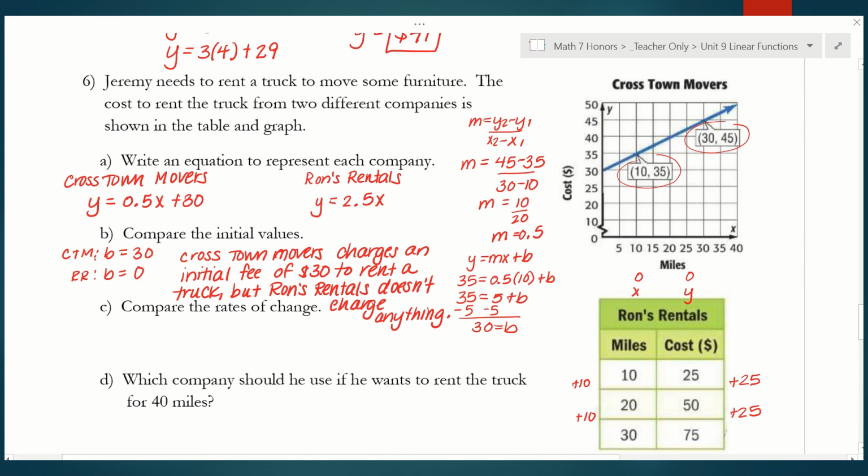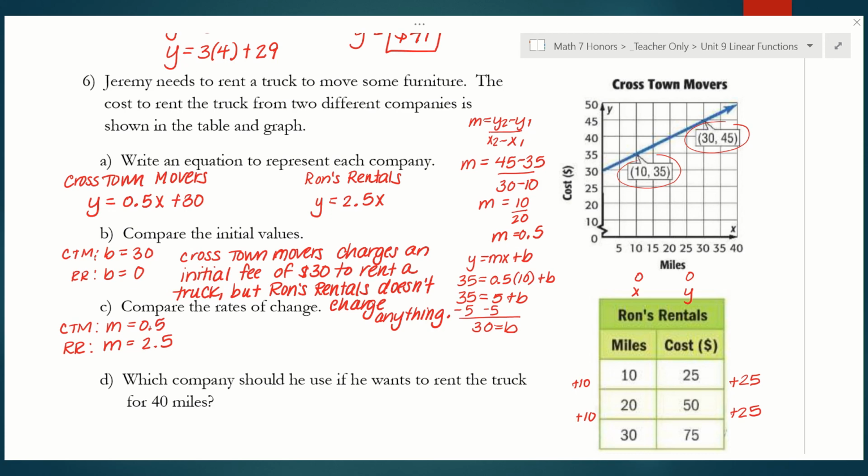Okay. Compare the rates of change. So Crosstown Movers had a rate of change, or a slope, of 0.5. And Ron's Rentals had a slope of 2.5. So if I need to compare these, first of all, what does it mean? It means the cost per mile. y per x, cost per mile.